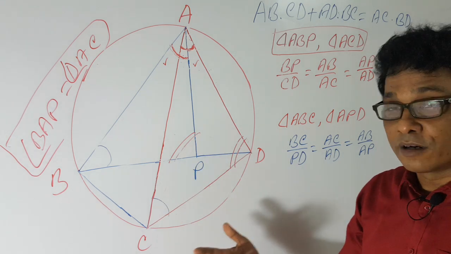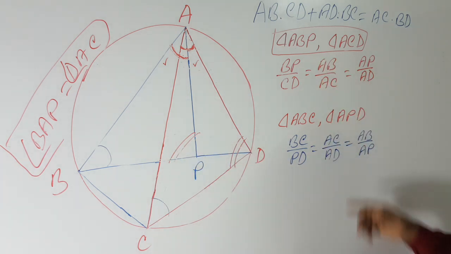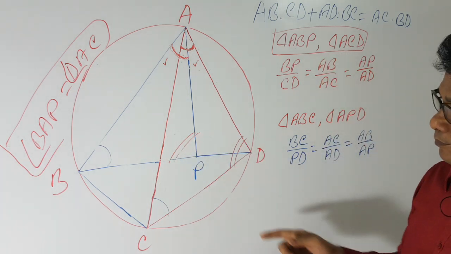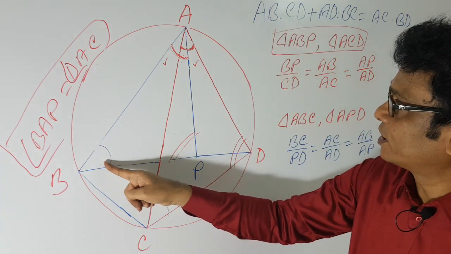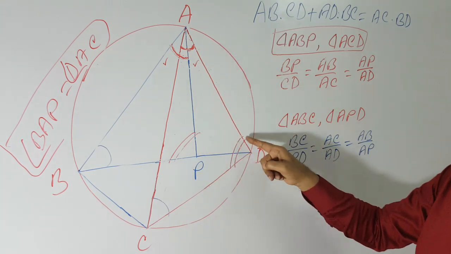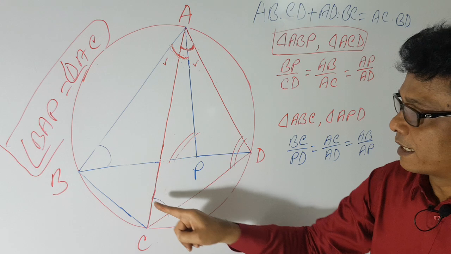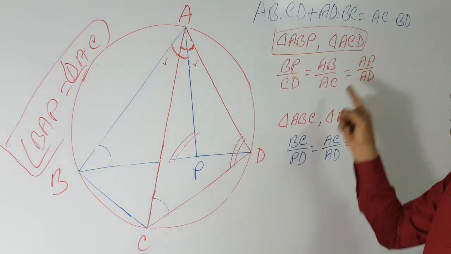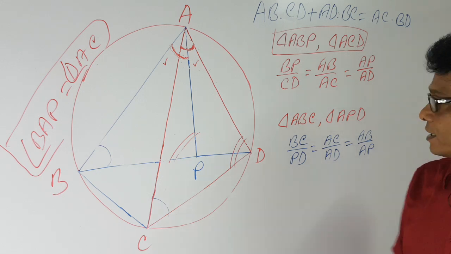Opposite side is called matching side. AP opposite this angle, AD opposite this angle, so AP and AD are matching, corresponding sides. Okay.